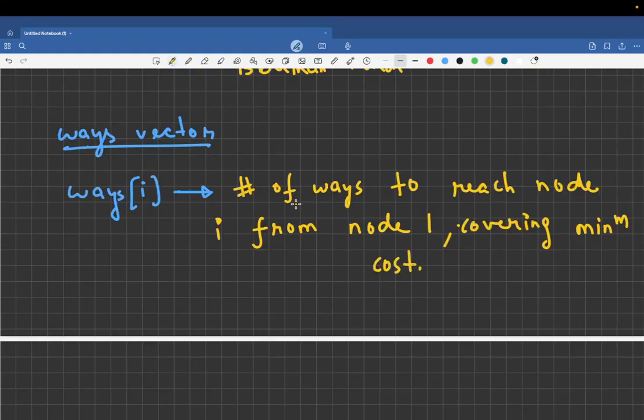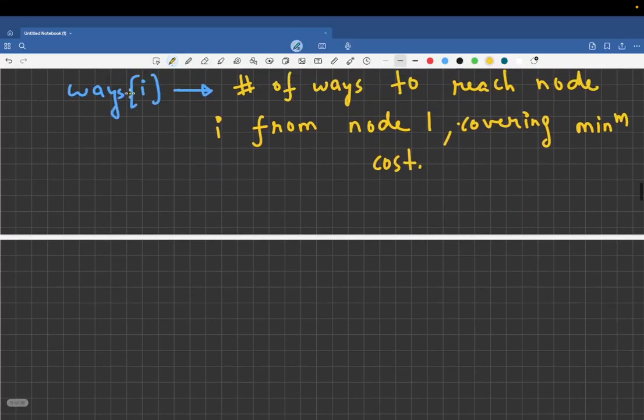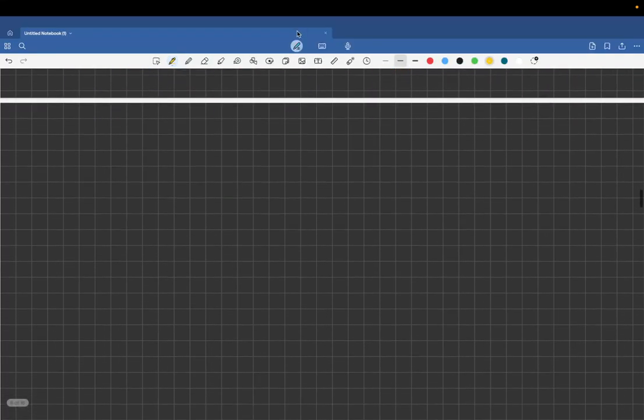This is what ways of I is going to tell. Now how am I going to fill this ways of I?